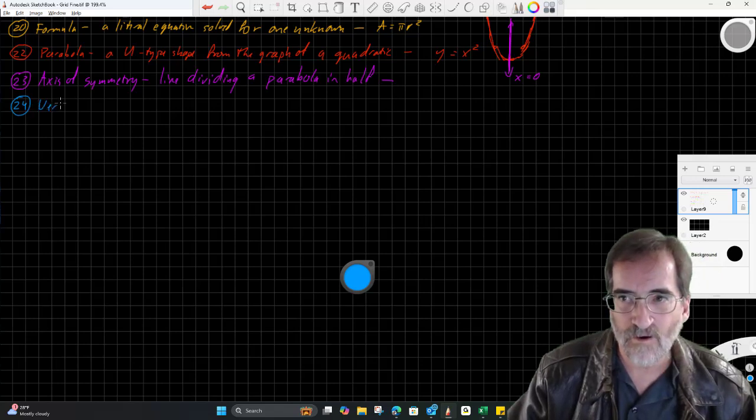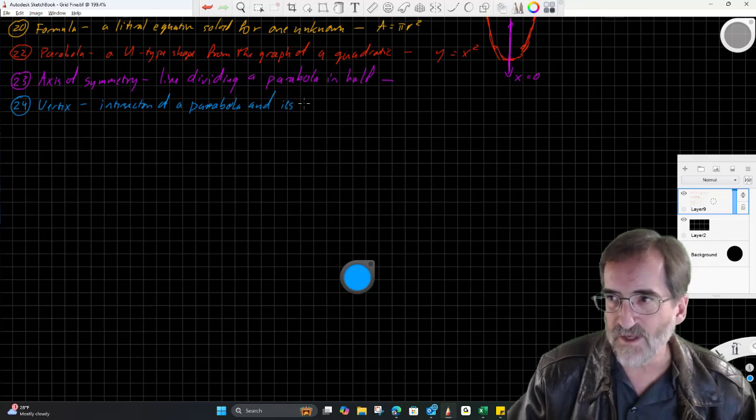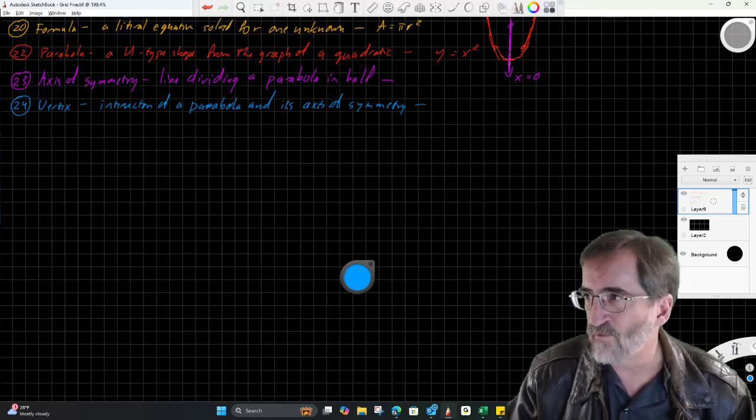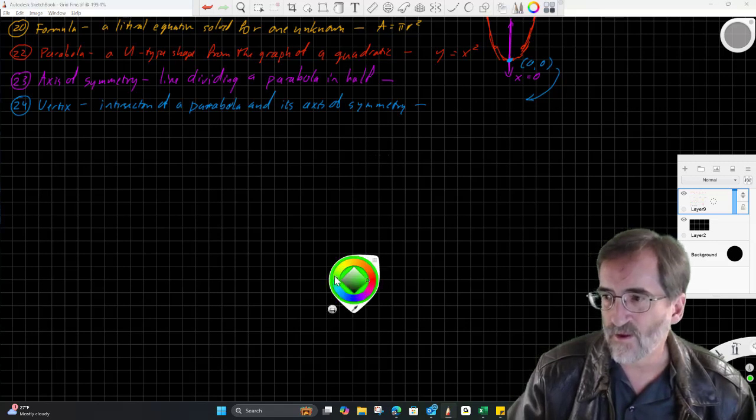Vertex. Intersection of a parabola and its axis of symmetry. Example, the point 0, 0 right here. Vertex.